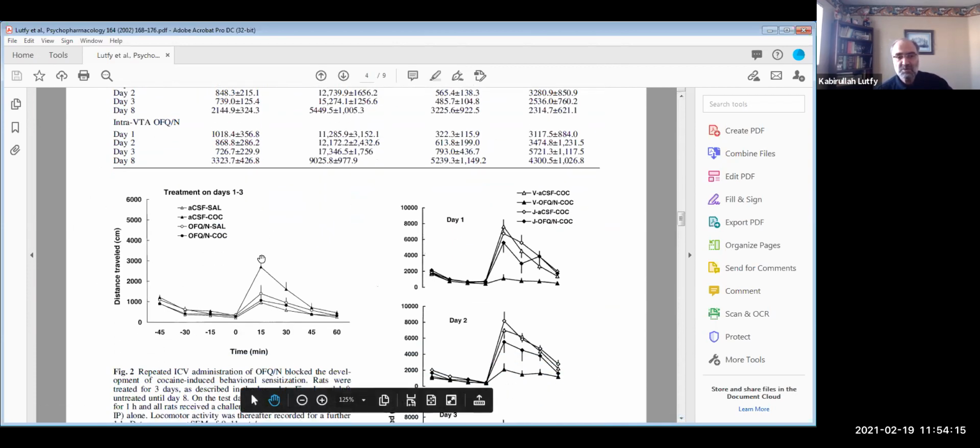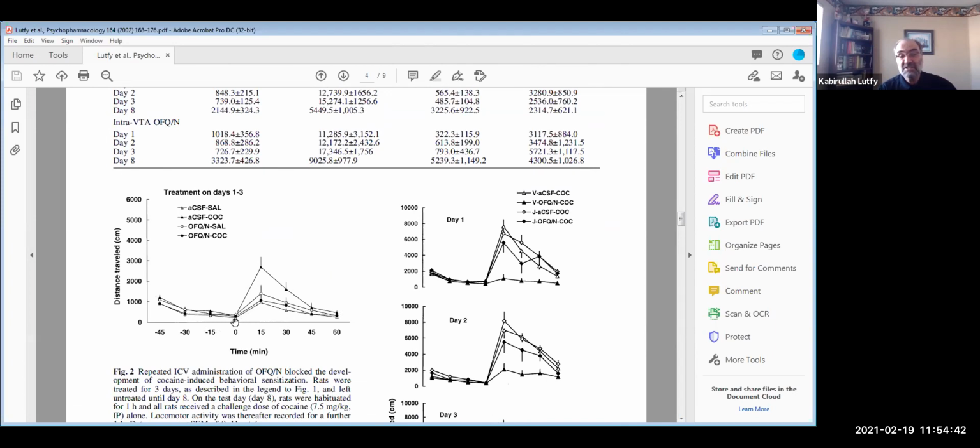I would like you to look at here. You remember the first day we gave animals vehicle saline and vehicle cocaine. So let's compare those groups first. And now here on day 8, we inject everyone with cocaine, all of the animals.